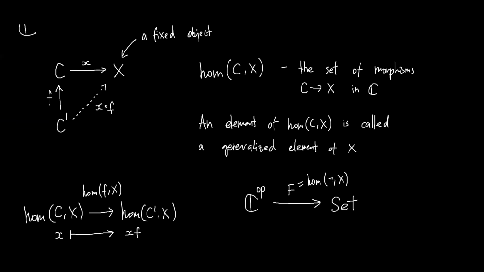And to compute the values of the functor, you just need to substitute certain things in the first component, whether it's an object or a morphism. So F depends on X. For every object X, we have a functor. So basically, we're representing every object X as a functor to the category of sets, which we can think of as a variable set.